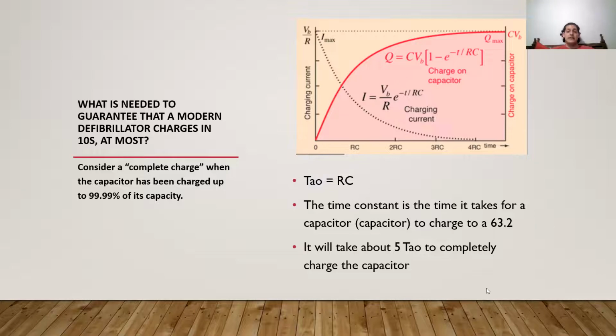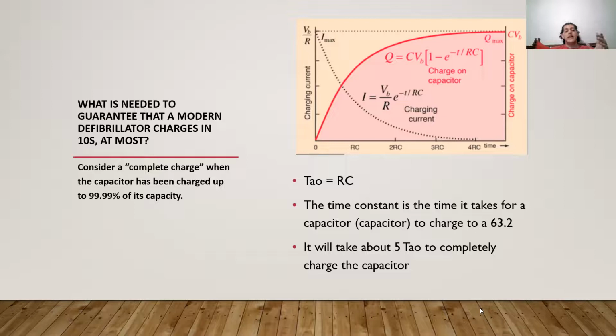This is because tau is a time constant that takes the capacitor to charge to 63.2%, which is more than half, and a capacitor will always take about 5 tau to completely charge to 99.99% of its capacity.